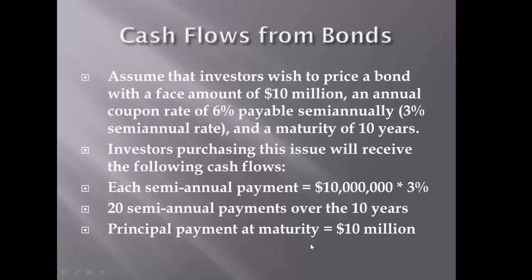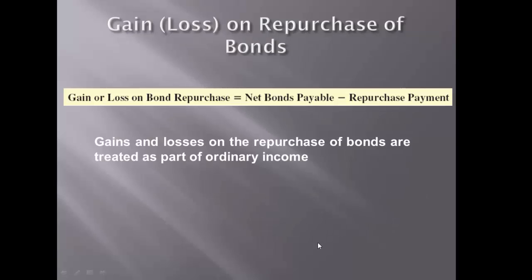Now, let's also look at the repurchase of bonds. Now, in some cases, the company that has issued the bonds, that is the bond issuer, may wish to repurchase or redeem its bonds. For example, yields may decline.